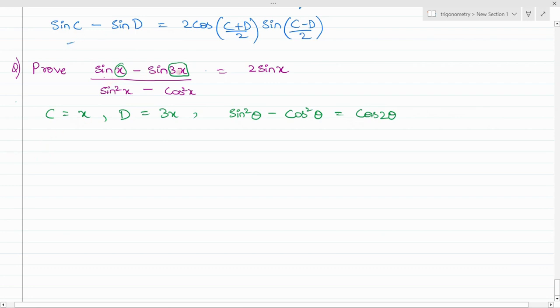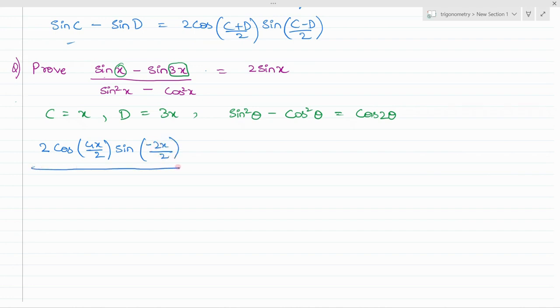Sin C minus sin D is nothing but 2 cos (C plus D)/2, which is x plus 3x is 4x by 2, sin of (x minus 3x) is minus 2x by 2, upon the denominator, which is nothing but cos 2 theta, so cos 2x. So we can write it as 2 cos 2x. Sine of minus theta is nothing but minus sine theta.